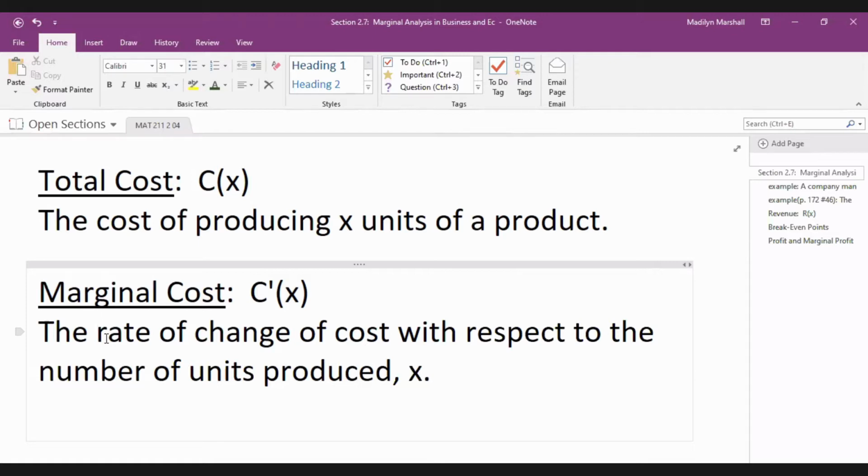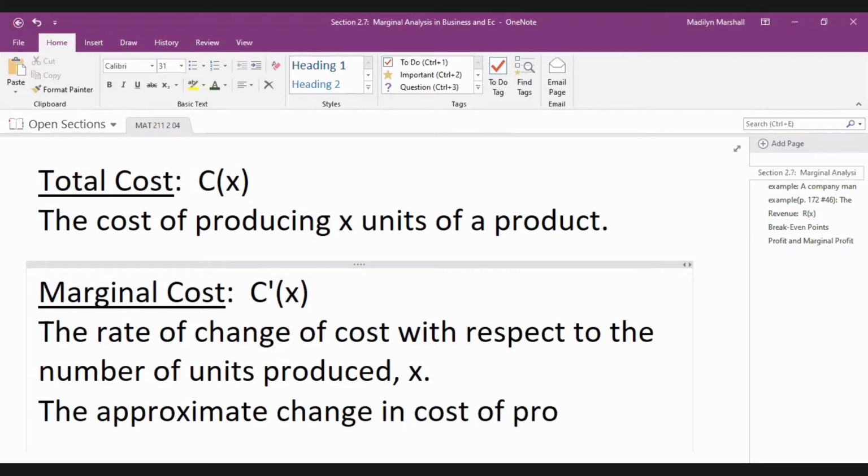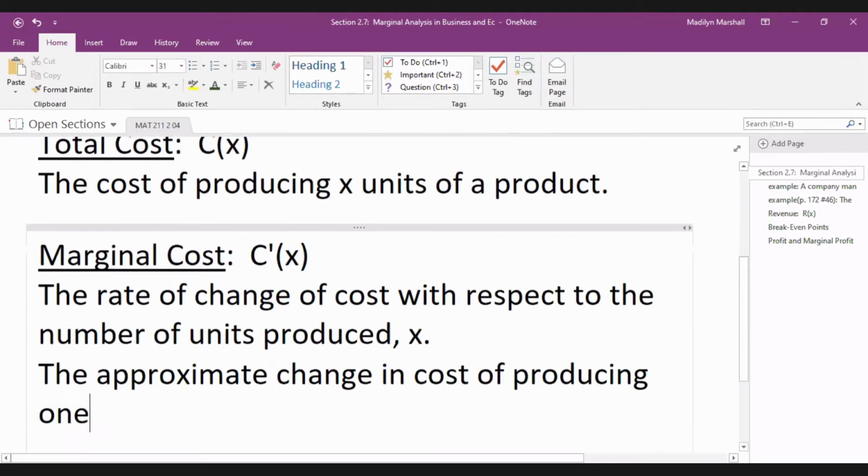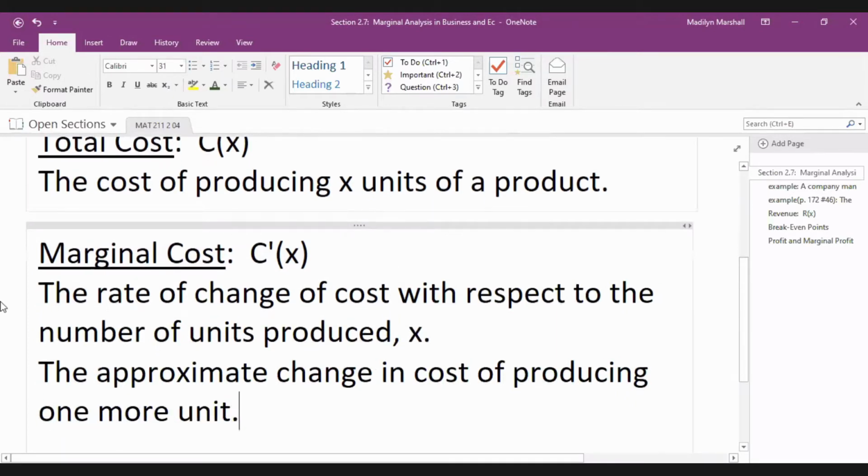So the marginal cost tells us the change in cost with respect to the number of units produced, which we could say in another way, and this would be the approximate change in cost of producing one more unit.